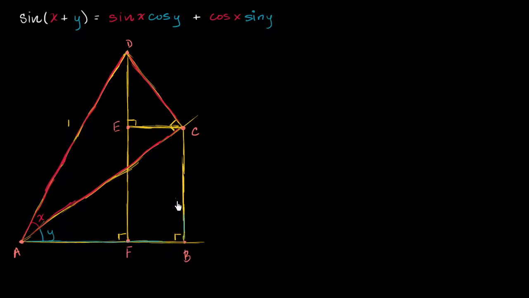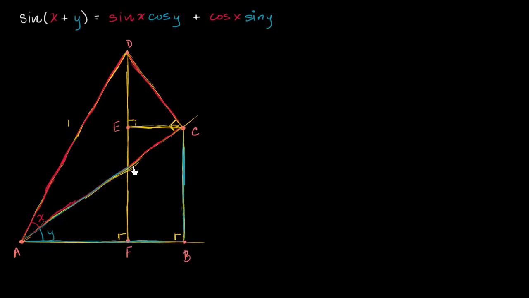AC, which is the base of triangle ADC, is the hypotenuse of triangle ABC. They're just stacked on top of each other like that.